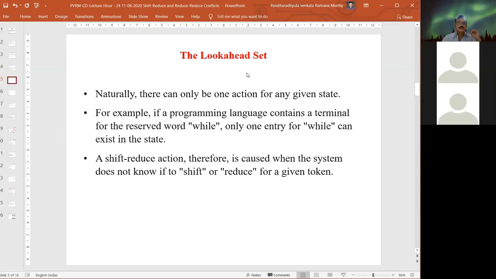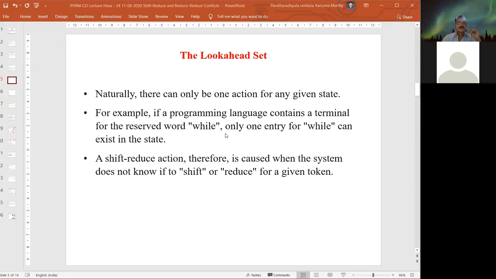For example, whenever we are executing a statement in any programming language, if it is identified as the word while, then only one entry for the while will be executed. That means it looks for the condition. Whenever it finds a while, it has to identify a condition. If instead of a condition it finds anything else, then it is a conflict.